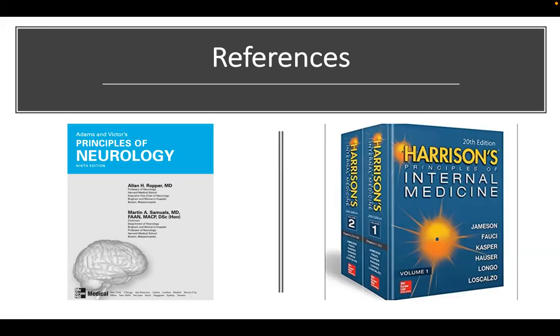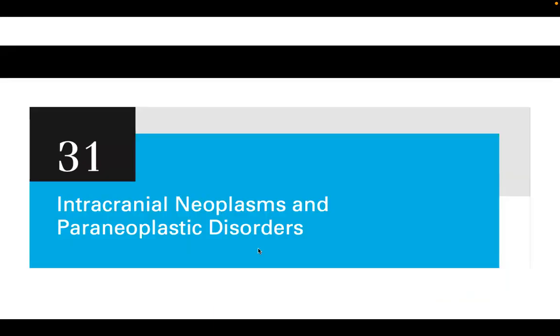A lot of the chapters in Harrison's are actually from the same authors who contributed to the chapters in Adams and Victor's Principles of Neurology. So I do invite you to read this from your actual textbook, particularly Adams Neurology. And this is chapter 31, which is entitled The Intracranial Neoplasms and the Paraneoplastic Disorders.